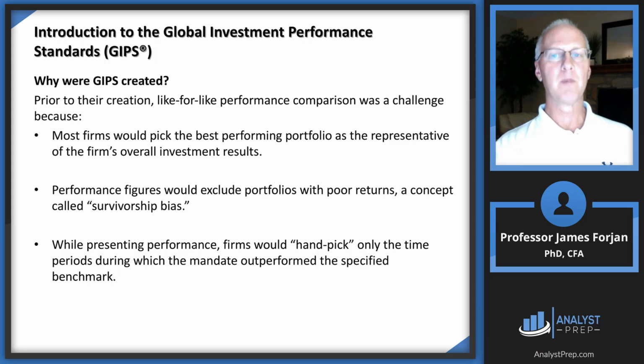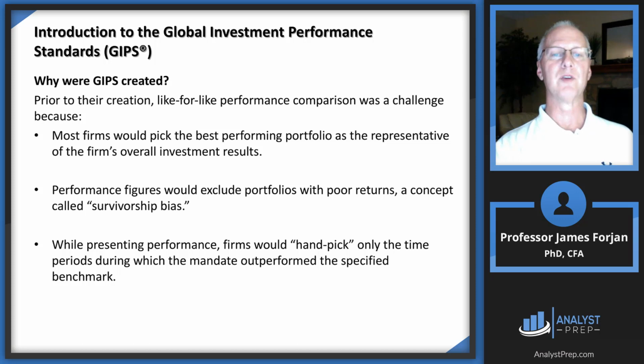So like-for-like performance comparison was quite a challenge because even in today's high technology environment, it's tempting for firms to pick the best performing portfolio as a representative of the firm's overall investment results. It's tempting for firms to exclude portfolios with poor returns.